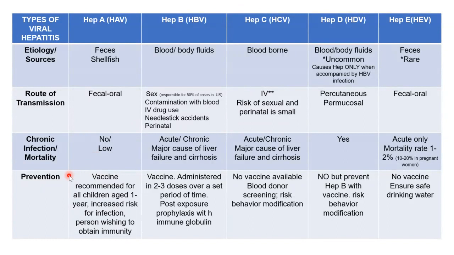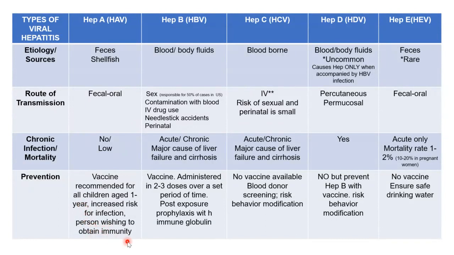Prevention: there is a vaccine. There is a hepatitis A vaccine. That's important for you to know. It's recommended for children aged 1 year, but it's not a routine vaccine. But if there's a child, greater than 1 year old, or an adult who is at an increased risk for getting hepatitis A, then they would get the vaccine.